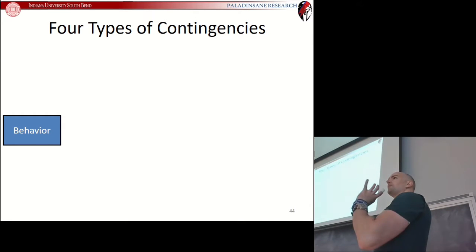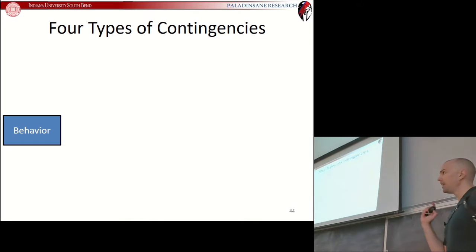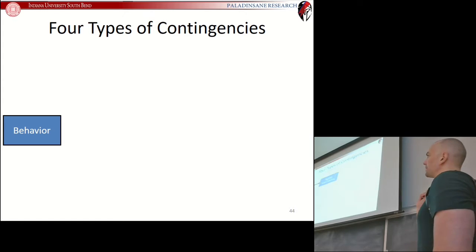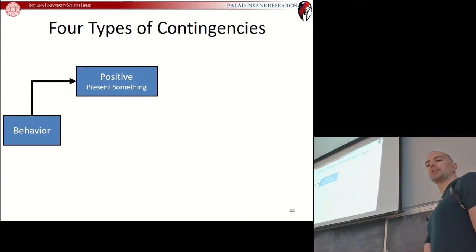Remember that they are defined as the consequences, so they always follow the behavior. You have a behavior that you either want to increase the probability of or decrease. This is your operant behavior. If the consequence of that operant behavior is that you present something, you give something, you introduce something to the organism, that is a positive contingency.